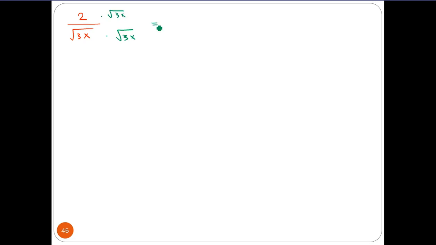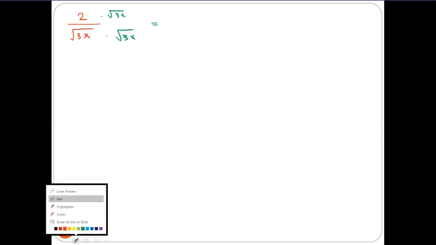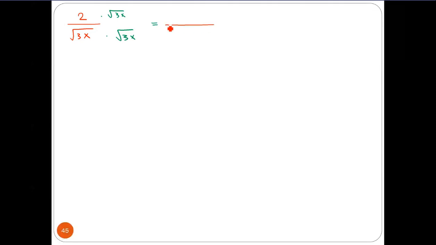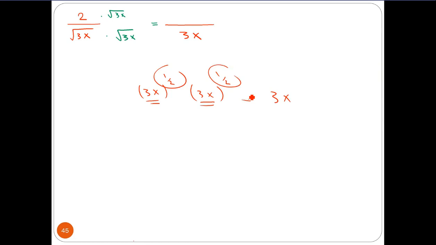So the result: radical multiplied by the same radical, square root multiplied by the same square root equals 3x. Right? We remove the radical. Why? Because 3x to the power half multiplied by 3x to the power half, adding the exponents, equals 3x to the power 1.